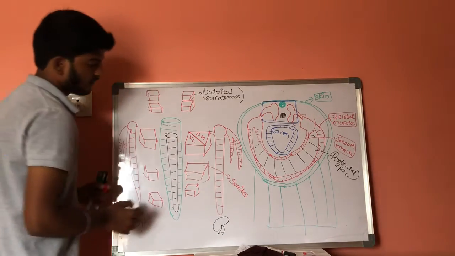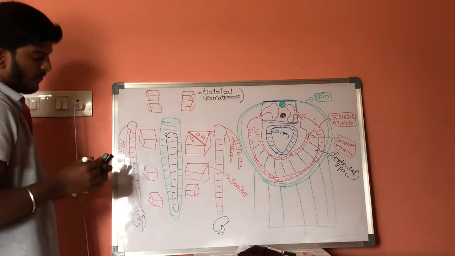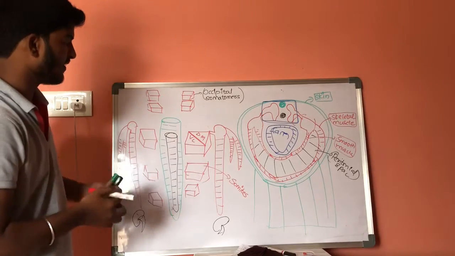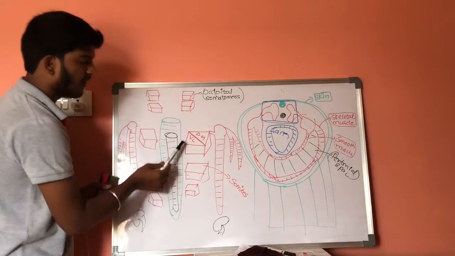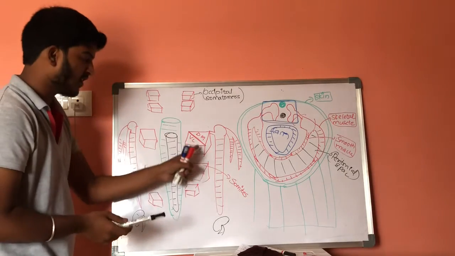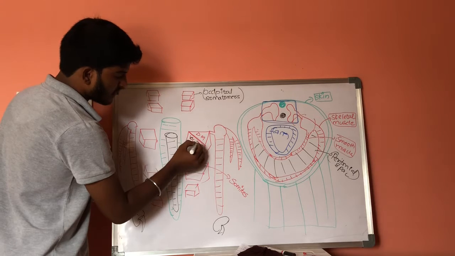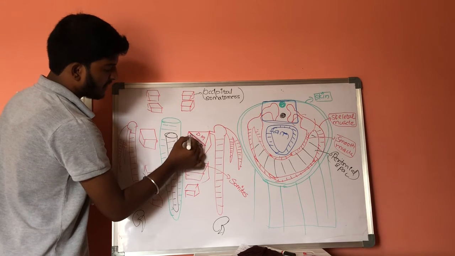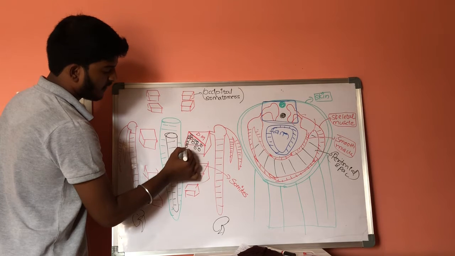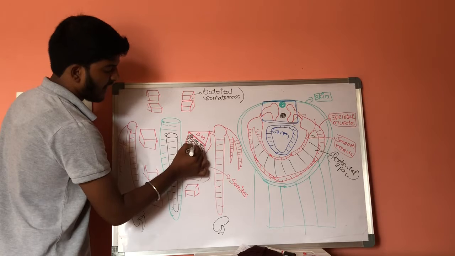Now, what events take place here? The ventrolateral region of the somites will get activated, and it consists of tightly packed epithelial cells.